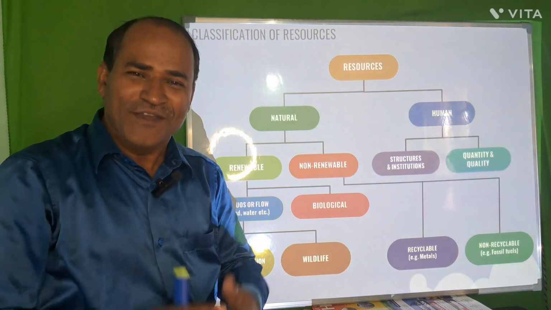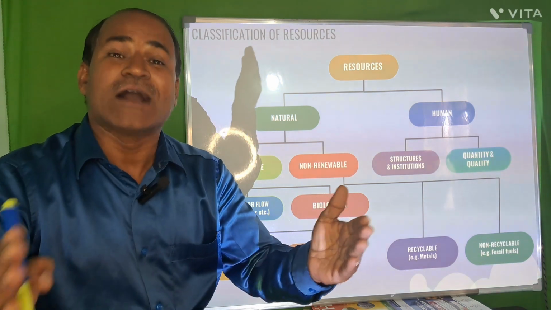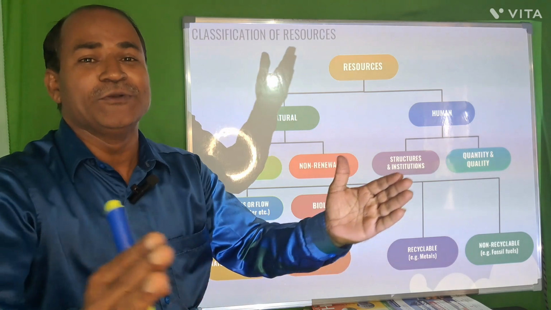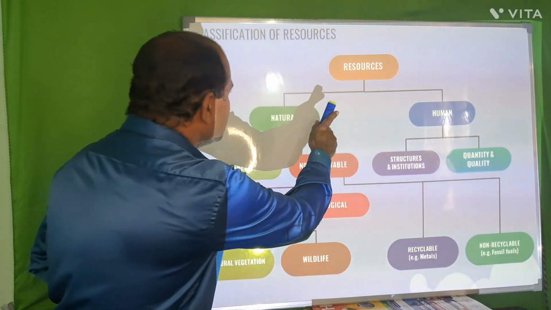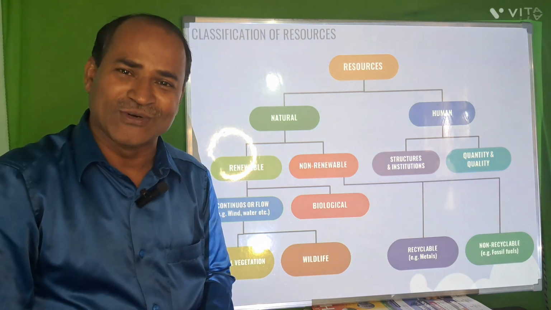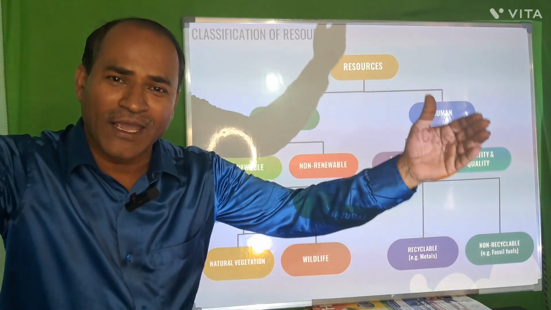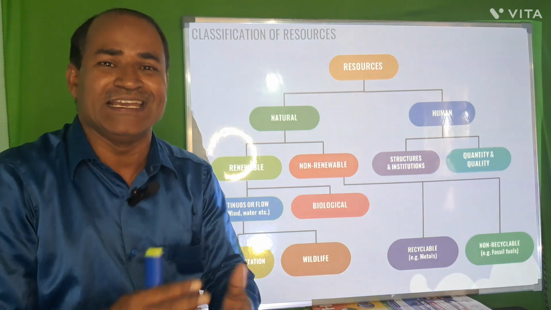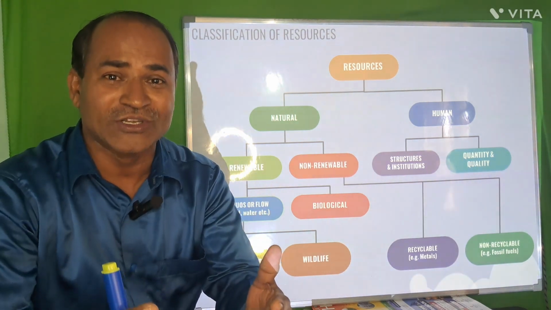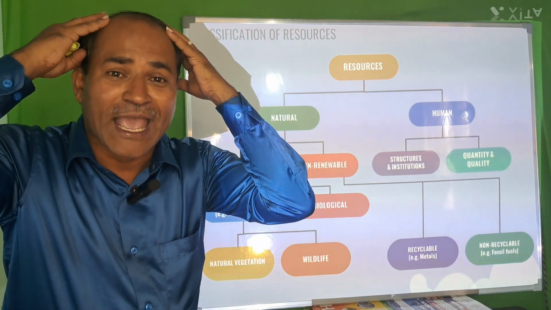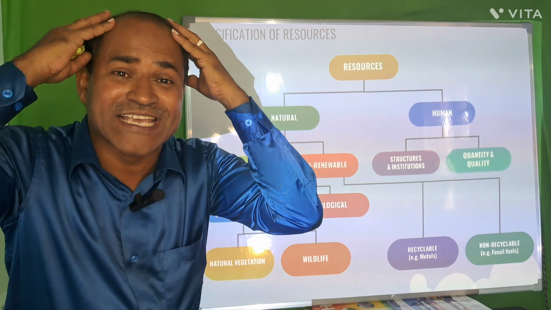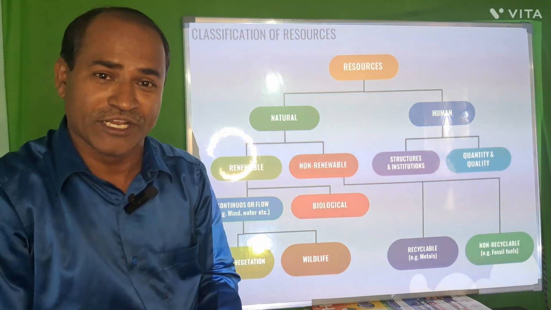Okay, students, we have many types of classification of resources. Resources are grouped into many. Now, resources are called natural resources and human resources. The resources which are available naturally, physically in our surroundings, are natural resources. Human resource is nothing but knowledge, ability, education, science and technology, the skills related to human resources.